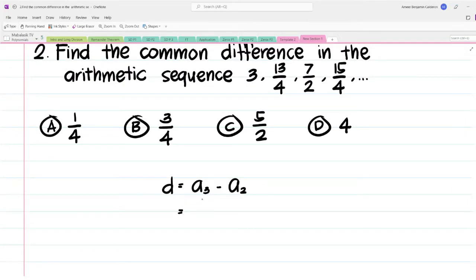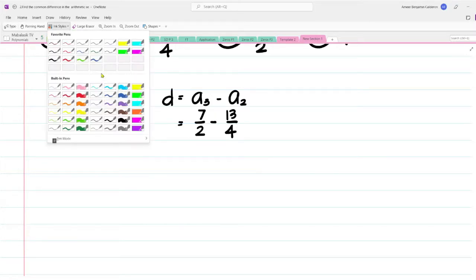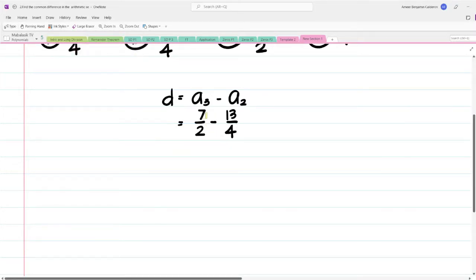So, instead, we use a sub 3 minus a sub 2. A sub 3 is 7 over 2 minus a sub 2, which is 13 over 4. At this point, we want similar fractions, and similar fractions are fractions that have the same denominators. So we want to convert 7 over 2 to a fraction that has a denominator of 4.